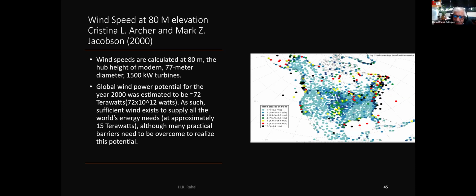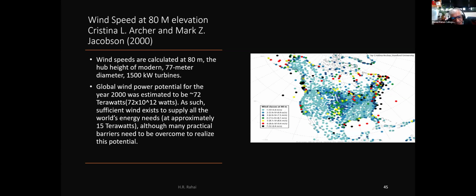In 2000, there was a simulation done by one of the PhD students at Stanford, by Mark Jacobson. You can actually Google this. They wanted to see what the wind energy potential is globally, how much it is.